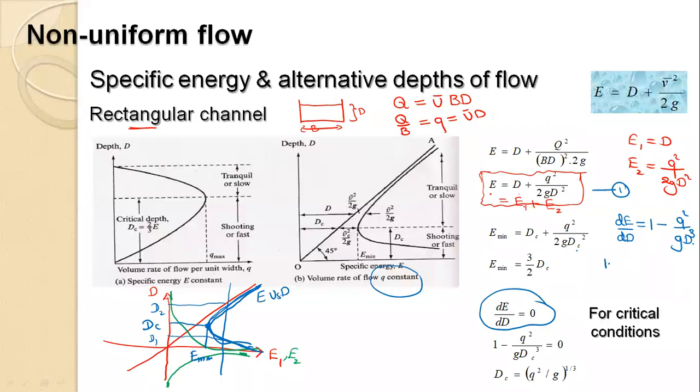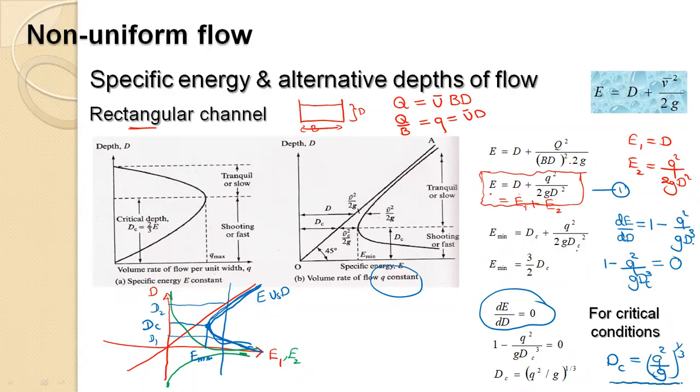So 1 minus q squared divided by g dc cubed, the critical one, will be equal to 0, right? And then dc, according to that, will become q squared divided by g to the power of 1/3.